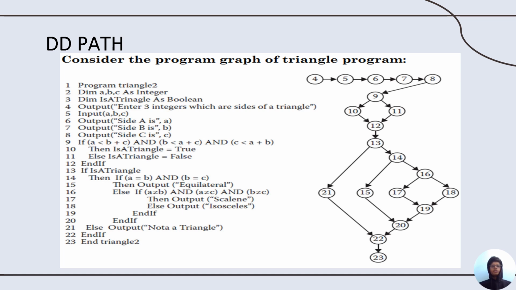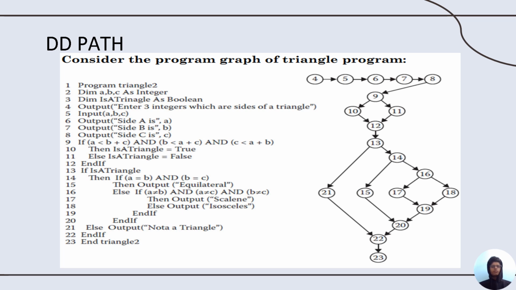If any of these statements is not matching, this will not be a triangle, that is false. If all these statements are true, it will go to the next statement.